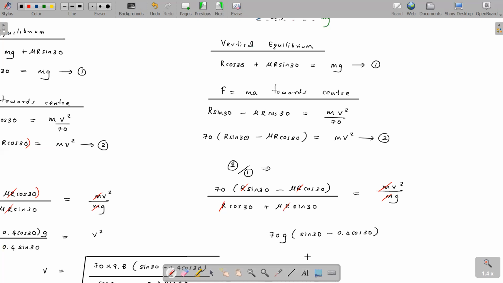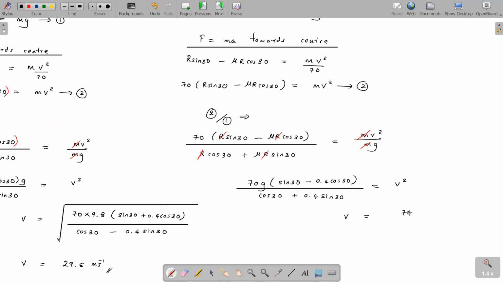Maximum, minimum, mu value doesn't change. Mu depends on the surface. Cos 30 plus mu, 0.4, sine 30, equals to v square.